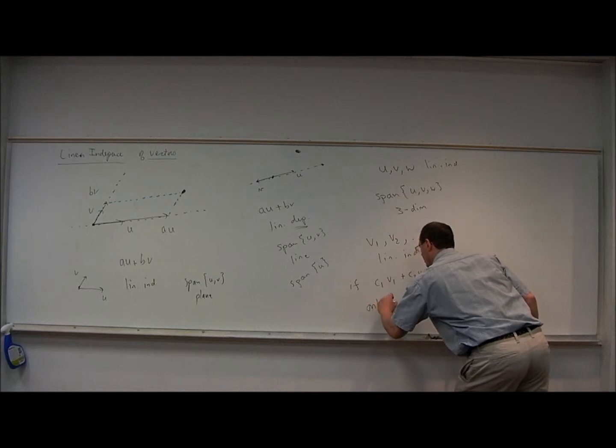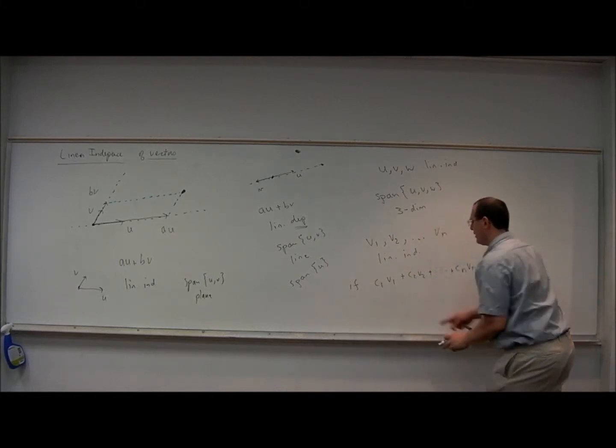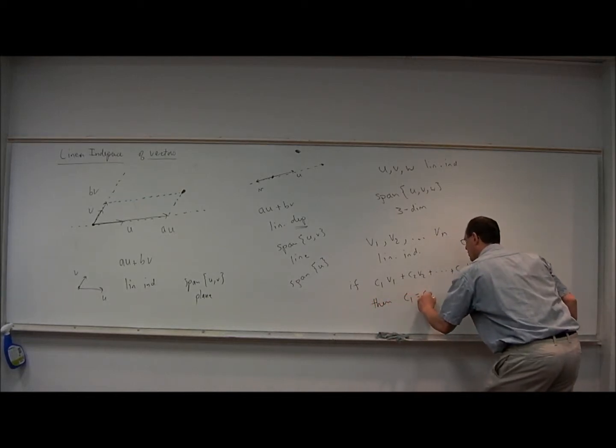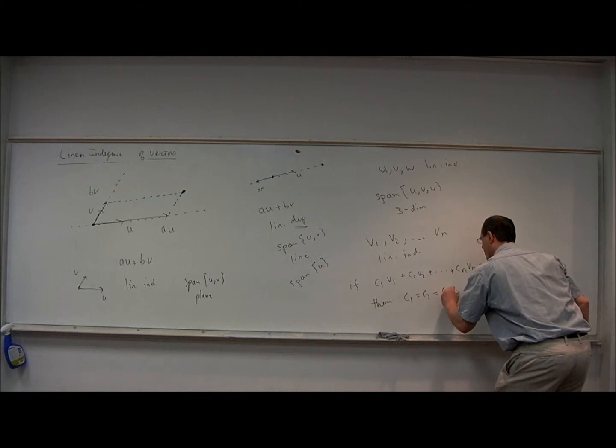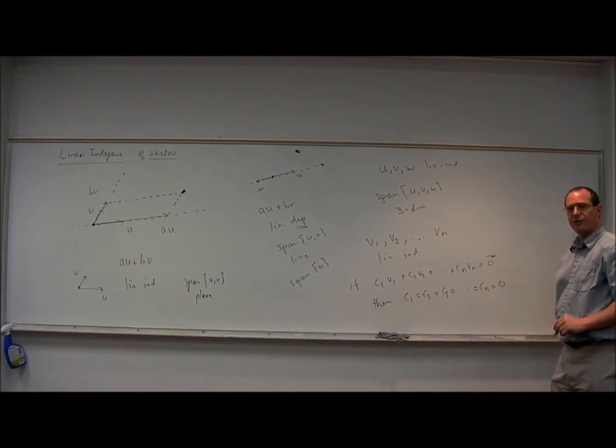So linearly independent, if this equals 0, then c1 equals c2 equals c3, etc. equals 0. All of the coefficients are 0.